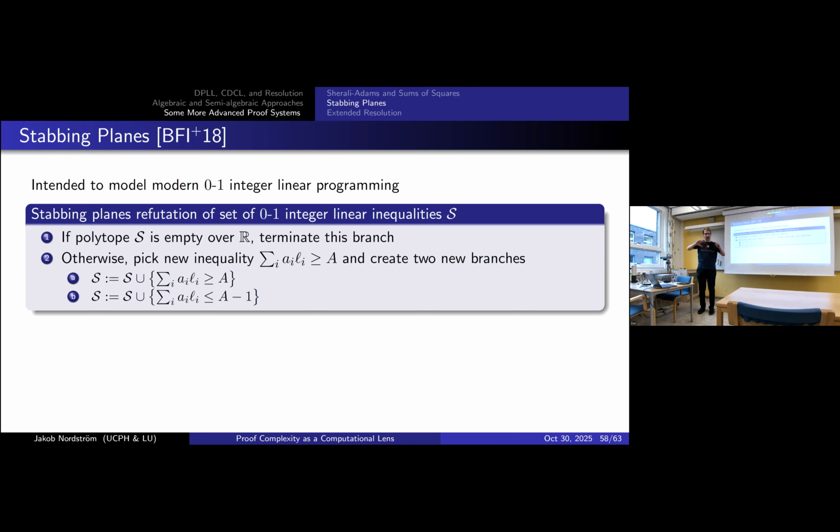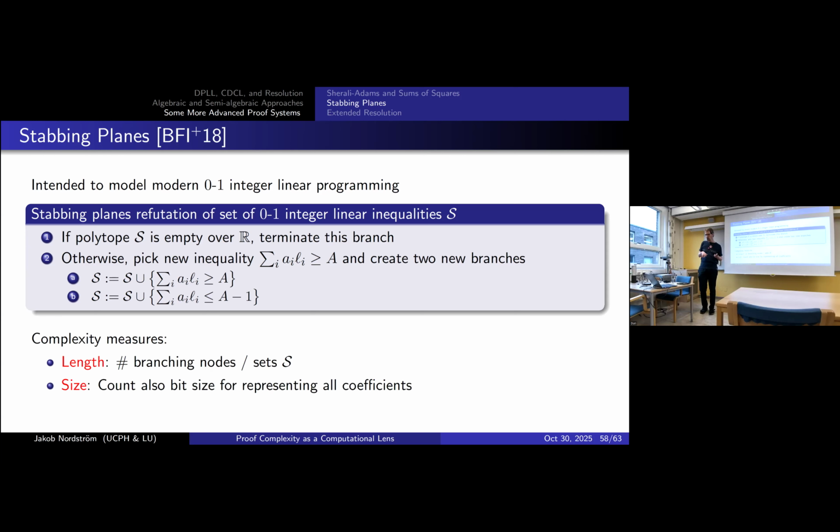And this allows you to cut out more and more of your polytope. And when finally you can cut away all your branches, then you're done. And the number of nodes in the search tree is the length of the proof. And again, just as for cutting planes, the size of the proof is if you also count the bit size.